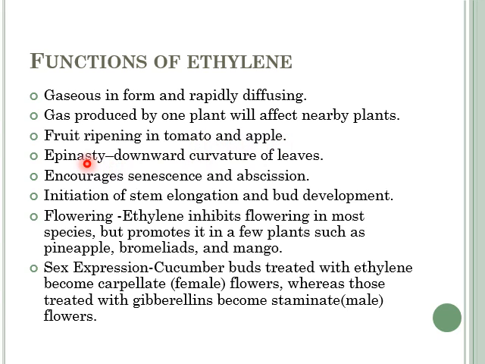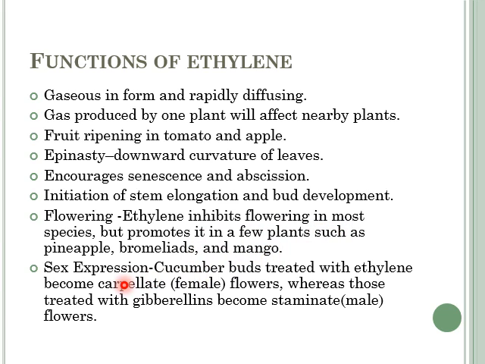Epinasty means the downward curvature movement of the leaves. It encourages senescence and abscission. Initiation of stem elongation and bud development. Flowering: ethylene inhibits flowering in most species but promotes it in a few plants such as pineapple and mango.